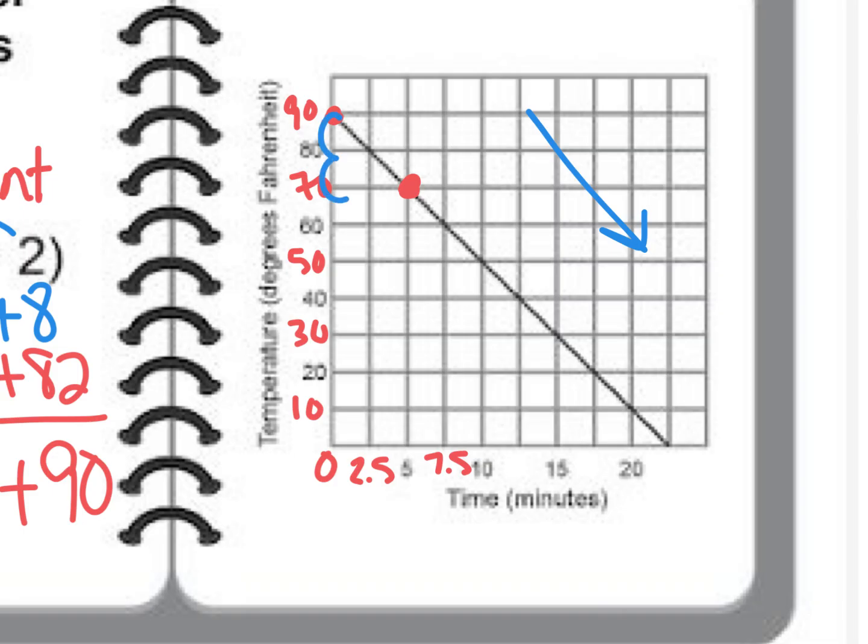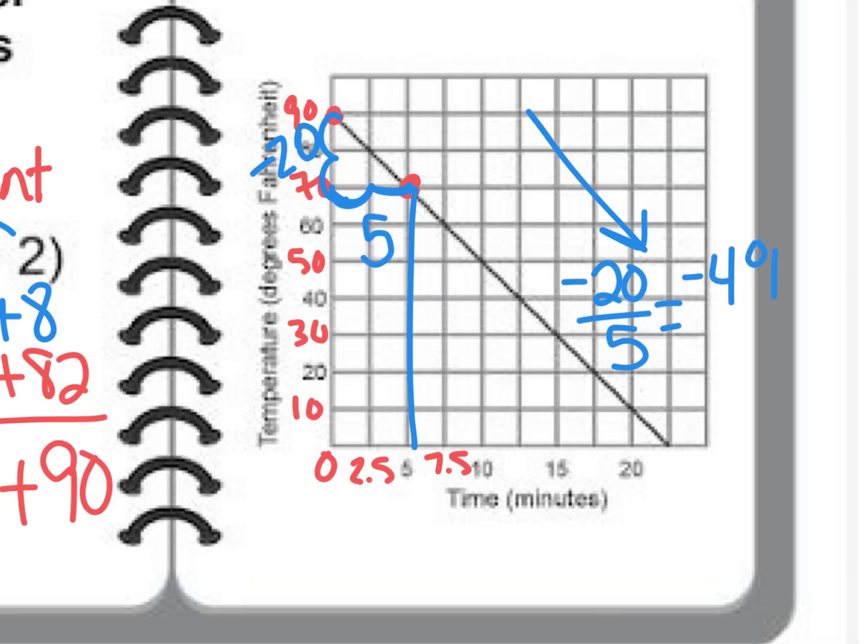How many did we go down? 90 to 70. Down 20. Make sure you put a negative there. And over how many? Pay attention to your scale. We went from 0 to 5. So 5. Is it going to be 5 over negative 20 or negative 20 over 5? Negative 20 over 5 is what? Negative 4. Very nice. Negative 4.